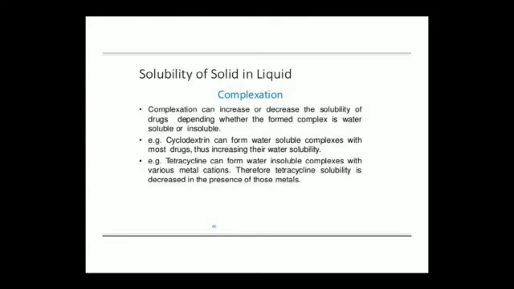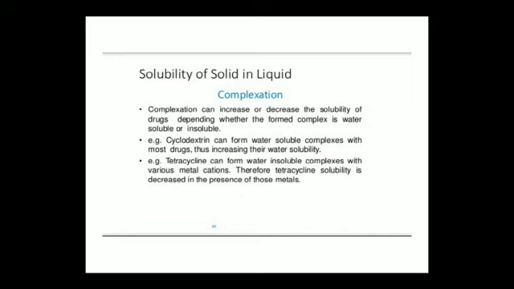Complexation. Complexation is a process that can increase or decrease the solubility of drugs. It mainly depends on whether the complex formed is water soluble or insoluble. If the complex formed is water soluble, the solubility can be increased. If it is insoluble, the solubility is decreased.